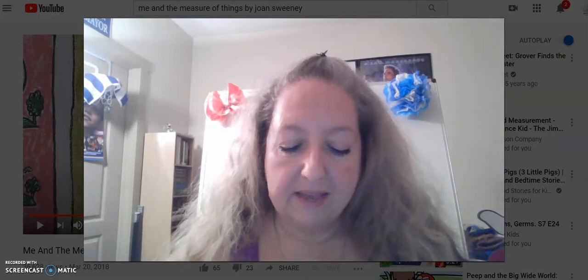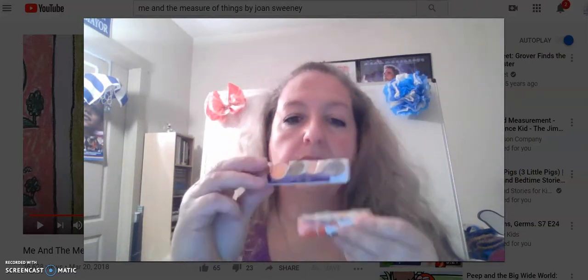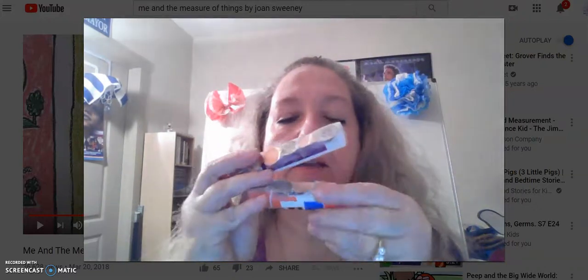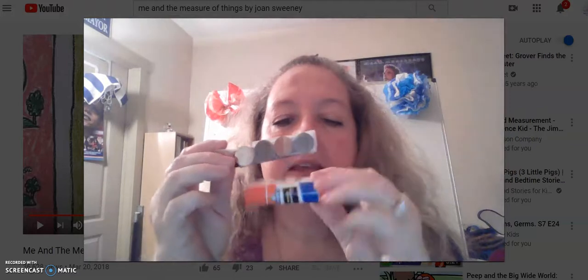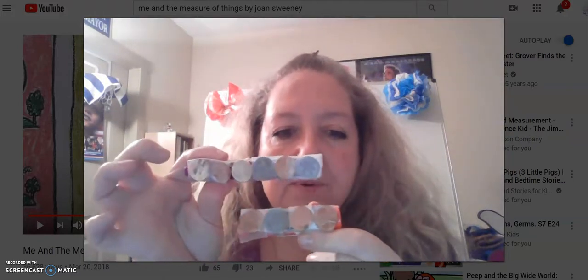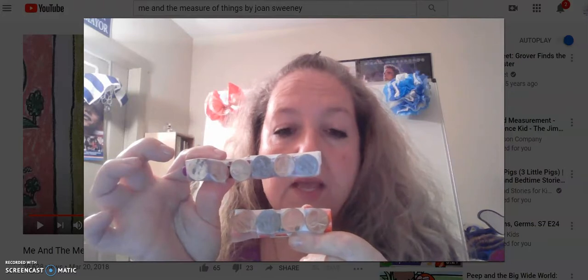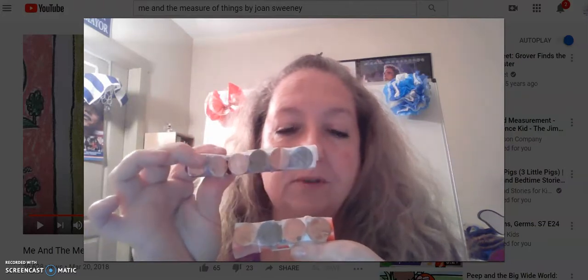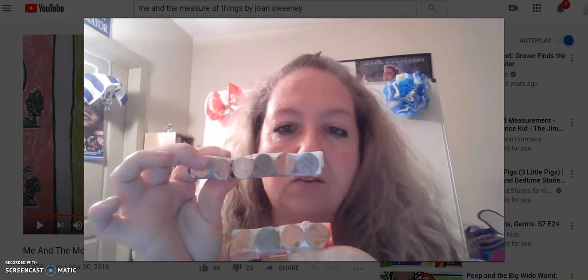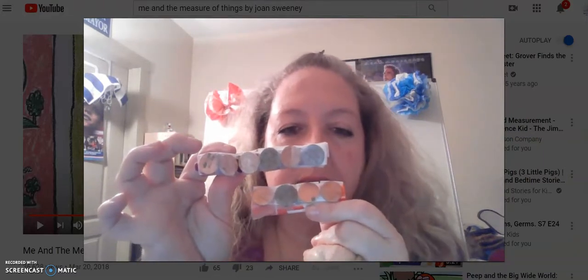The example we had in our lesson was we took pennies and we were comparing a glue stick and an expo marker. We found out that the expo marker is 6 pennies long and the glue stick is 4 pennies long. And we started at the end, which is the most important part, so that you have an accurate measurement, but it gave us a couple words to use with measurement.